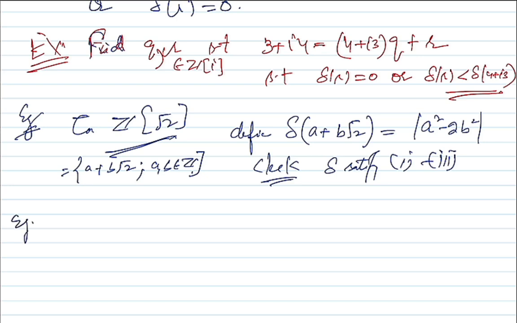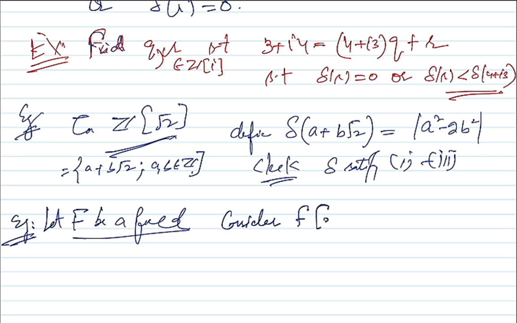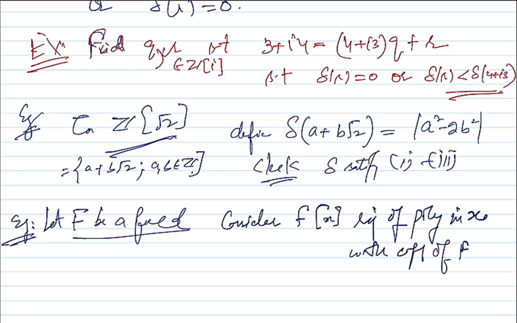Now another interesting example you have seen. Suppose F is a field. Let F be a field and consider the ring of polynomials F[x], polynomials in x with coefficients from F. Consider any polynomial p(x) belonging to F[x].